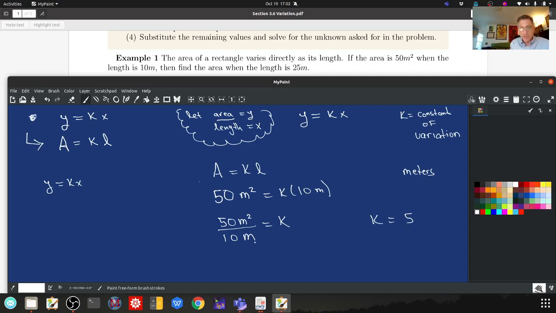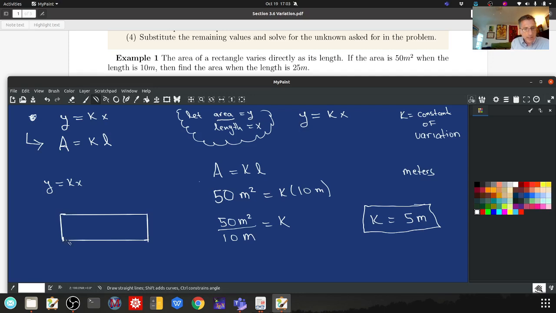M squared divided by m is 5m. So k is equal to 5m, and m in this case means meters. Now I'll go back and I'll do this again where I don't worry about the units. But the point is, units are good guides to know you're doing something right. So here is my little rectangle thing.